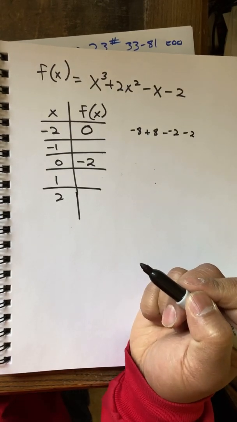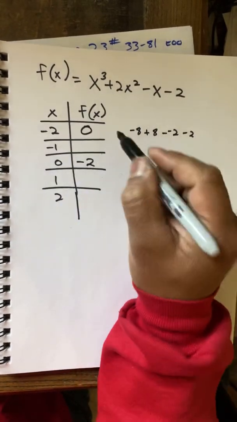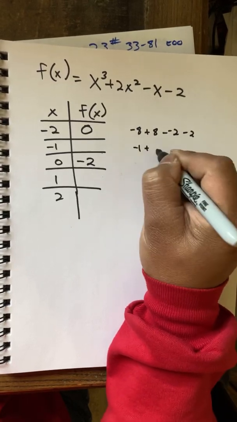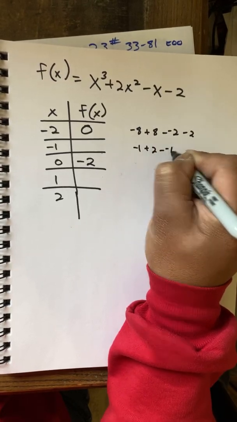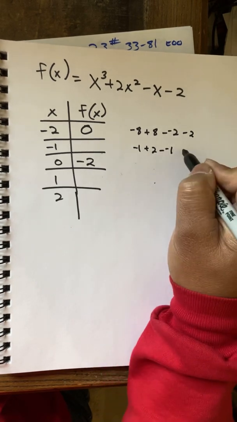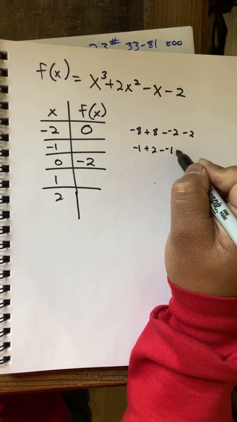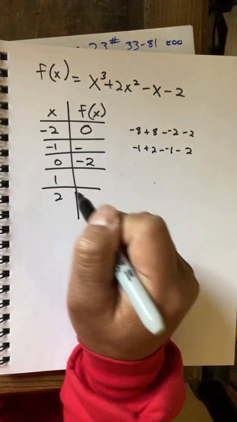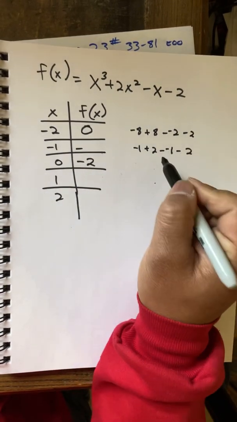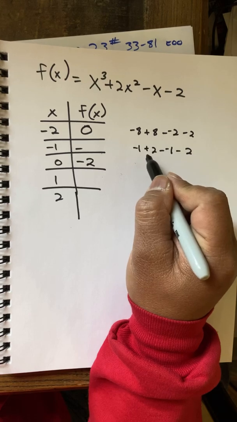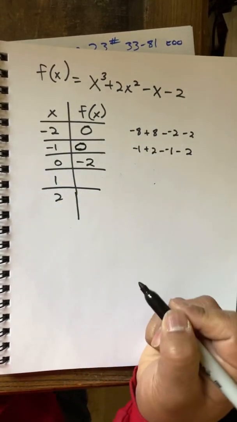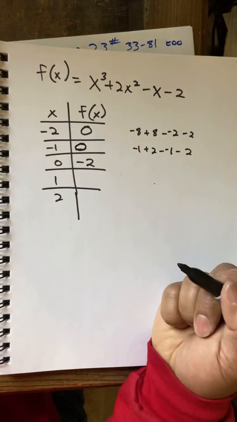Excellent, that makes life easy. -1 cubed is -1 plus 2 minus -1. Ooh, all that is 0. Minus 2 is -2. Wait, is that right? No, I lied, it's 0. Oh, we have another 0 at -1.